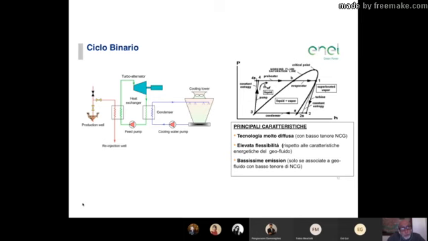And also, if you don't have very high temperature in your geothermal system. So if in your geothermal system you have temperature around 180 degrees or slightly lower than that, then what you would like to use, particularly if your geothermal fluids are not very good, is a binary cycle.